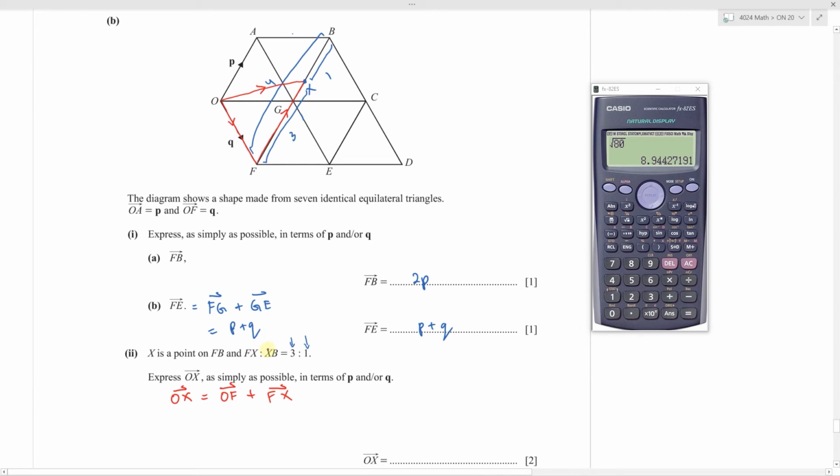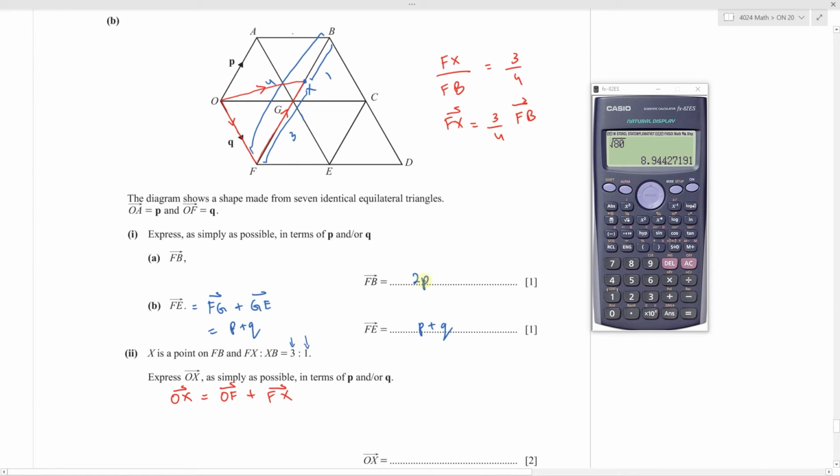You're given that FX to XB is 3:1. So FX is 3 parts and FB is 4 parts. If I look at this ratio, FX divided by FB, I get 3/4, because FX is 3 parts, FB the full length is 4 parts and XB is 1 part. So FX equals 3/4 times FB.